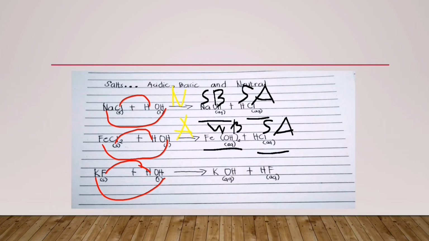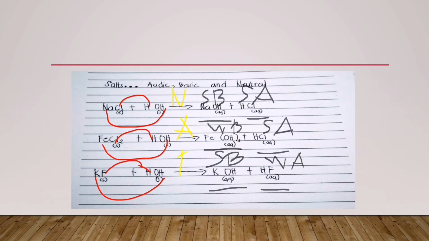So in the third equation, we have here a strong base and a weak acid. When a strong base and a weak acid come together, the strong base wins.